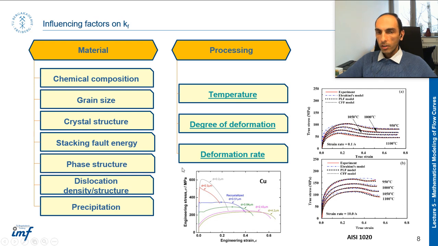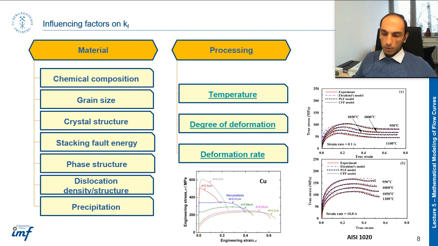These are the state variables which are determined during your deformation process: temperature, degree of deformation, or the strain, and deformation rate, which is the strain rate. On the other side, for the material factors, chemical composition, of course, is the most important factor.